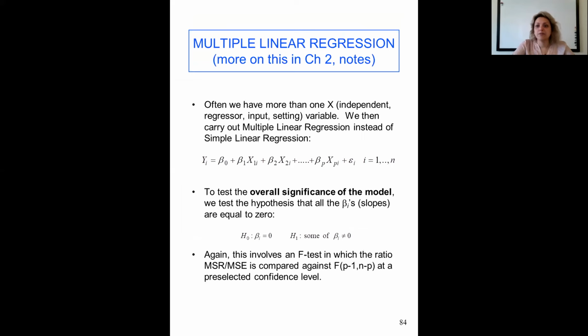In reality, most of the time we have more than one independent variable. For example, I'm interested in the electricity load of this room. It's going to be a function of, let's say, the outside temperature, because the thermal system I have is an electrical heating system for the heating space.